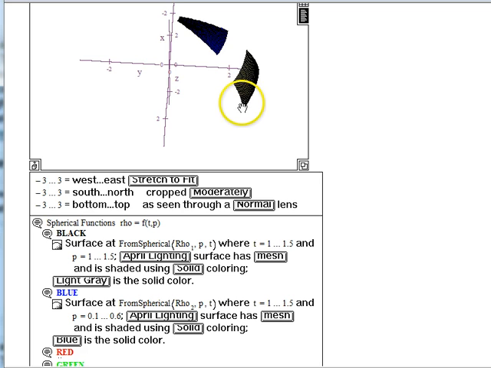So it seems to me that the volume element is going to depend both on rho and on phi, but not theta. Okay, so let's actually go and calculate what it is.